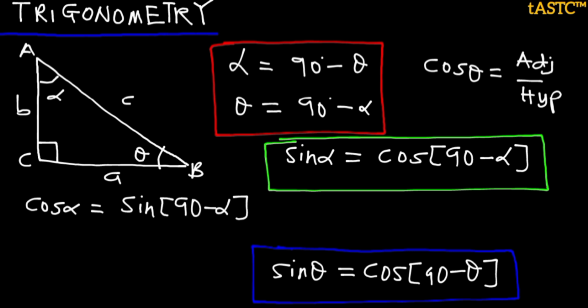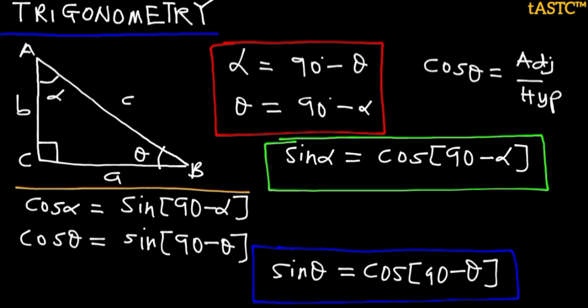You could also have cos theta that will be equal to sine of 90 minus theta. So all these are actually possible. You just need to bear it at the back of your mind.